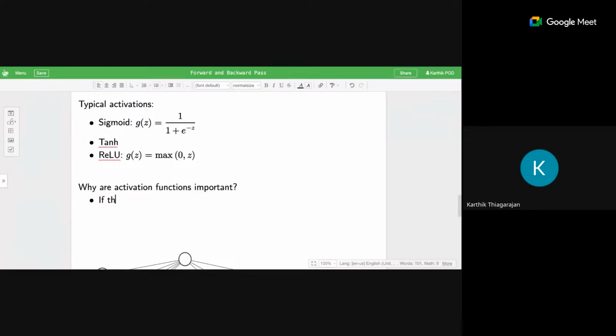Or rather, if the activation function is not non-linear, the network will end up computing a linear function of the inputs.